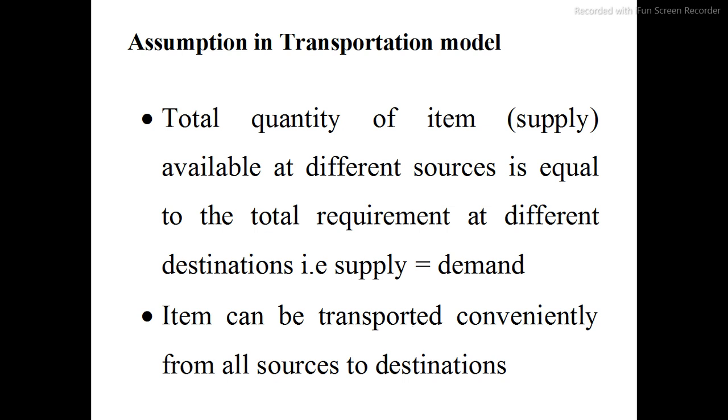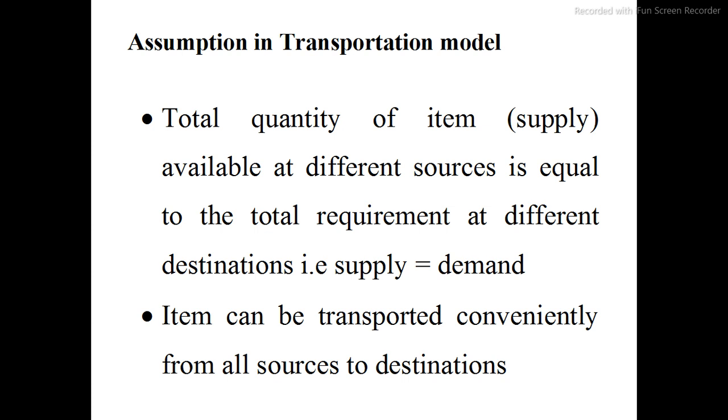So now there are some assumptions in the transportation problems. So what are those assumptions? The total quantity of item available at the different sources is equal to the total requirement at the different destinations. What does it say? That is, supply is equal to demand.